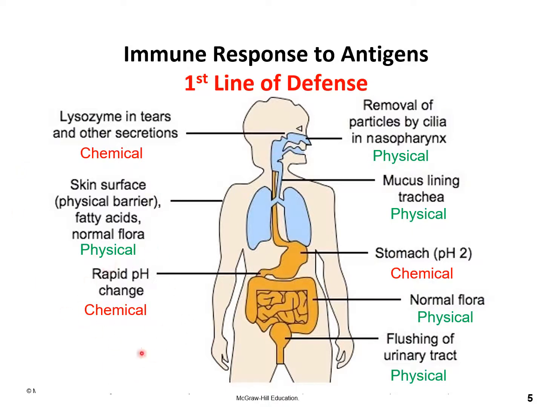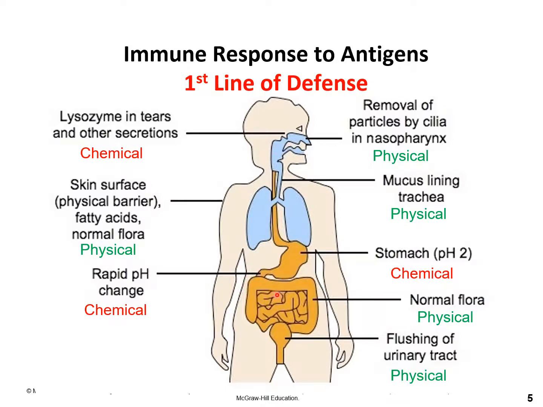Another example is the rapid changes in pH when going from the esophagus into the stomach. In the stomach we have a very low pH of 2. It's very, very acidic. So we have this rapid change in pH when going from the esophagus to the stomach, and then another change in pH when going from the stomach to the intestine, where the pH goes from very acidic to very basic.